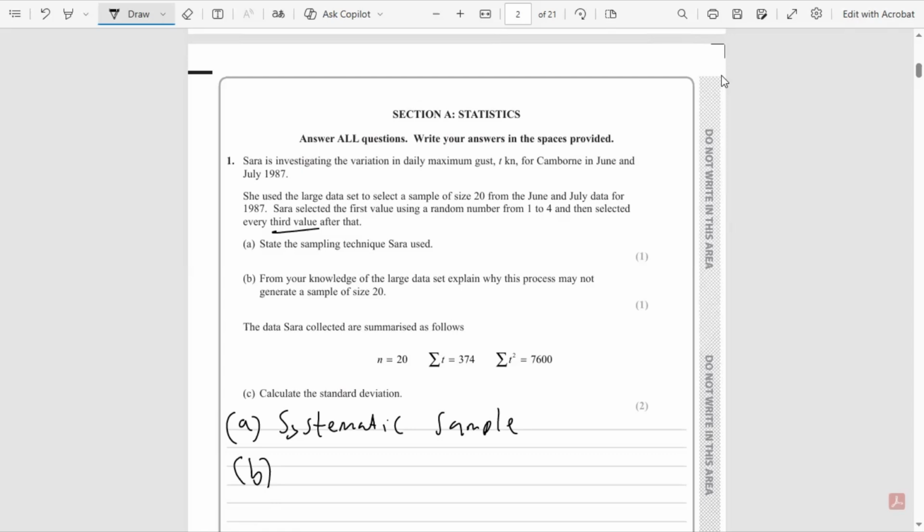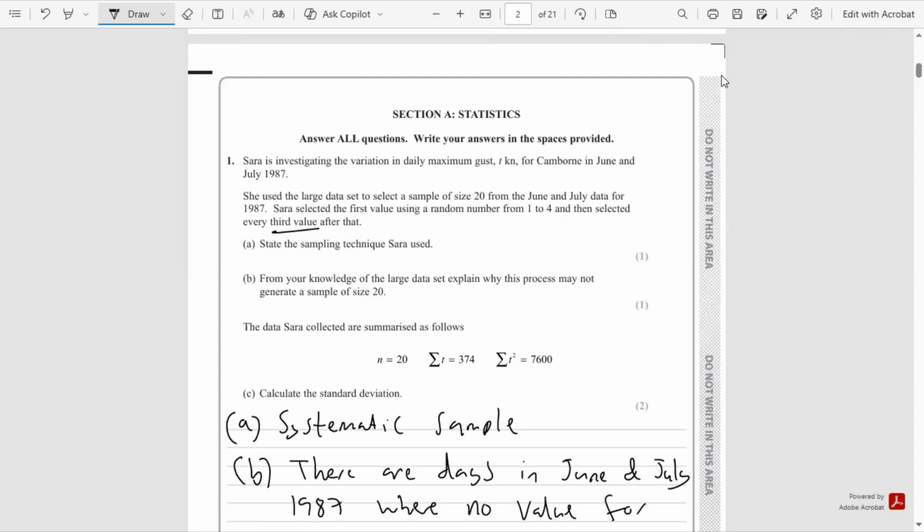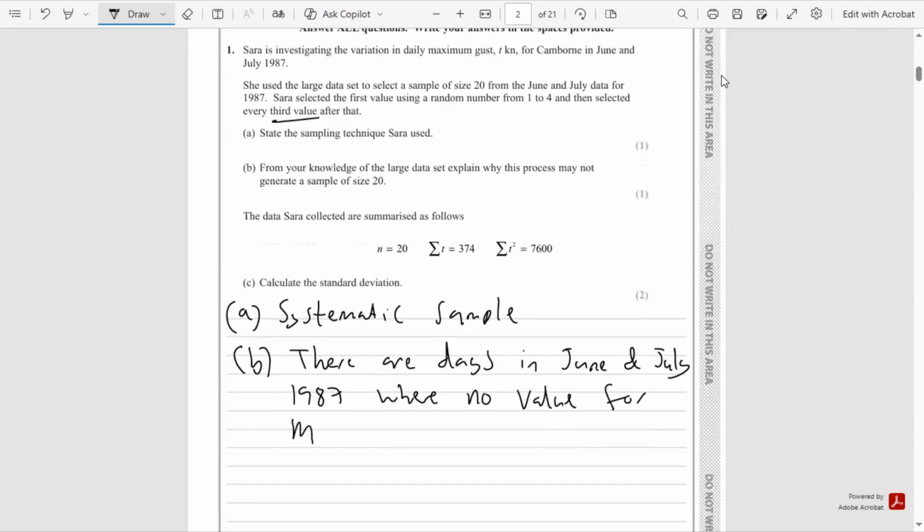So we can just say with this question, there are days in June and July 1987 where no value for the maximum gust is recorded.